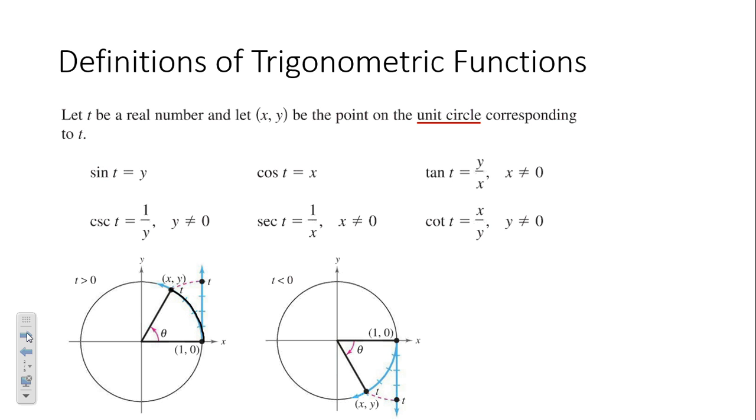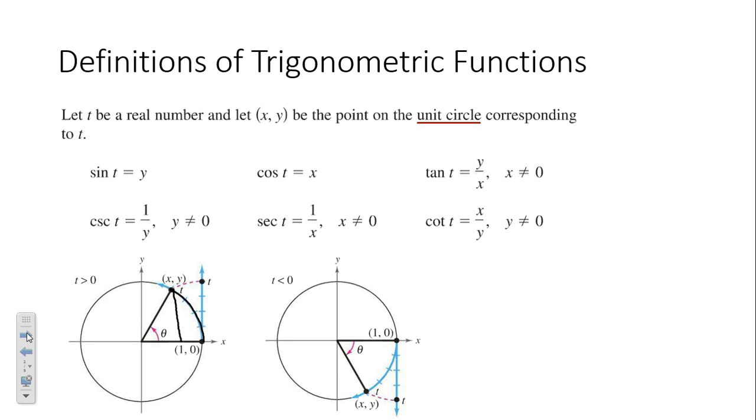Because this is a unit circle, the sine of t is y. Later on your foldable we'll be changing that to y over r, but not today. So the sine of t is y, because if you look at it, the y value is our height, and our x value is the adjacent.